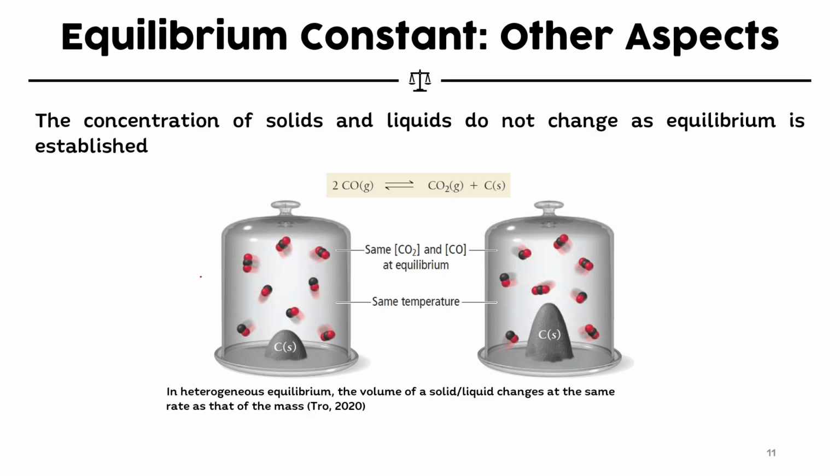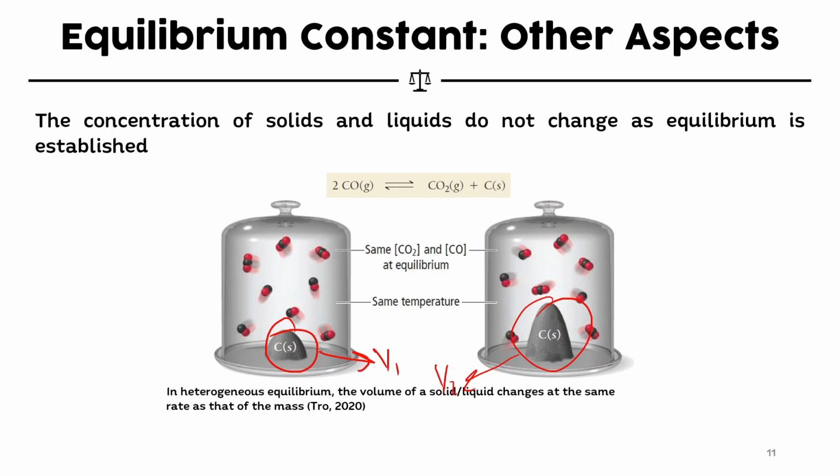So for example, let's say this has a volume of V1 and this has a volume of V2. Now, the volume of the solid carbon here is independent of the volume of the reaction chamber. It does not occupy the whole reaction chamber, unlike a gas that distributes itself throughout the reaction chamber.